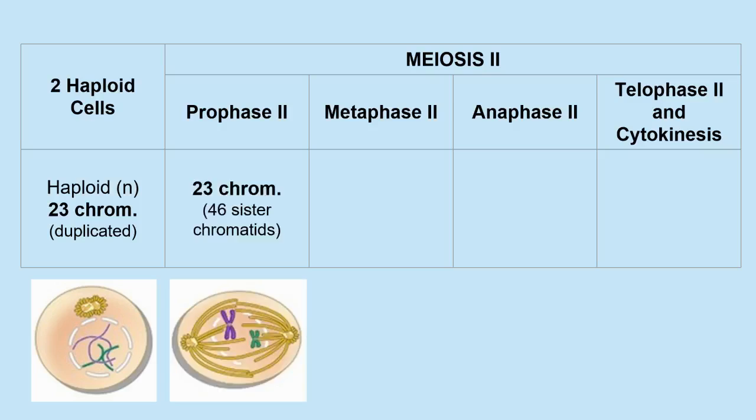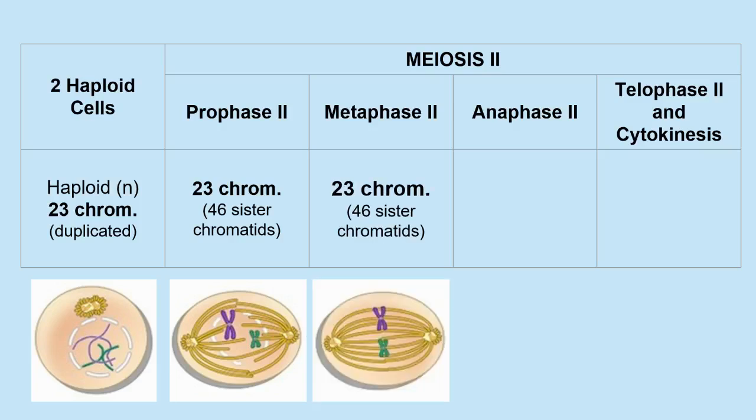In Prophase II, we have still 23 chromosomes, 46 sister chromatids. Again, bakit po 46 sister chromatids? Remember that in each chromosome po, we have sister chromatids, 2 sister chromatids. So in metaphase II of meiosis II, 23 chromosomes, 46 chromatids pa din.